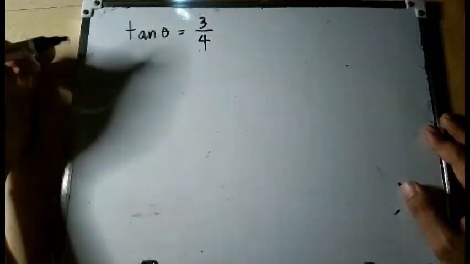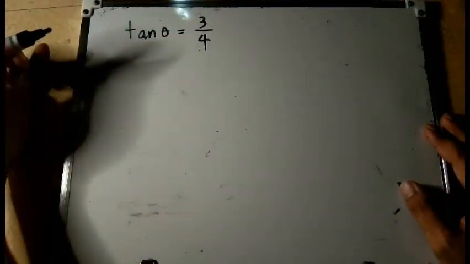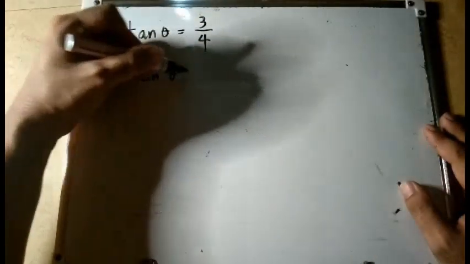So we have tangent theta is equal to, ano yung opposite doon? So we have 3 kilometers, mapapansin nyo 3 kilometers, over adjacent, which is yung 4.